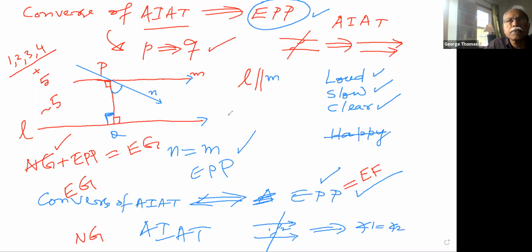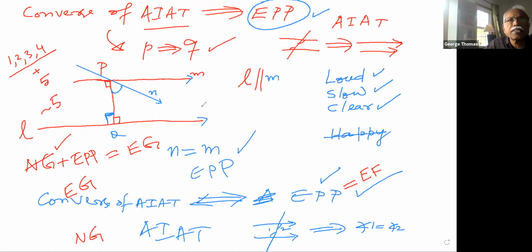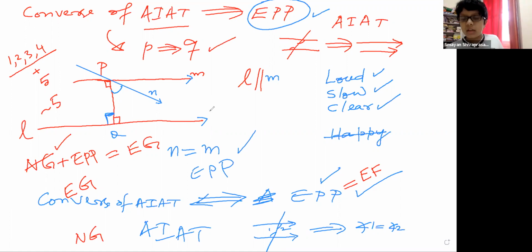Go ahead. What we have to do is show that line M is the only line parallel to Q. Yeah, that is what we just showed, right? That's why EPP. So what is the opposite of EPP?